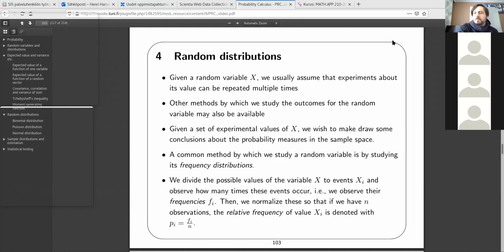For instance, let's say that a person is tall if they are over 188 centimeters tall. So they're 10 centimeters taller than the average person, a male person in this case. We just take 100 people and see how many of them are tall. If 12 of them are tall, then we assume that the relative frequency of tallness is 0.12.